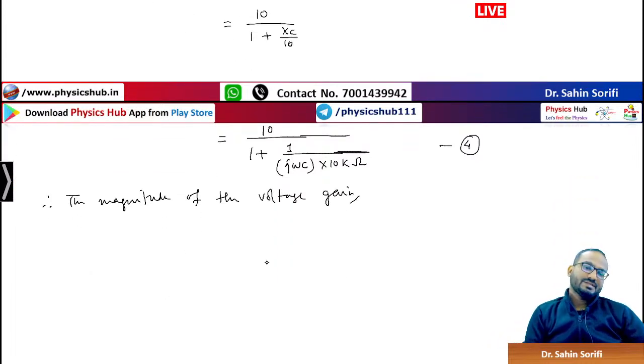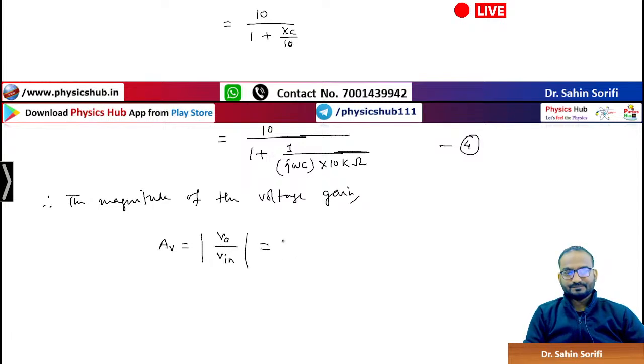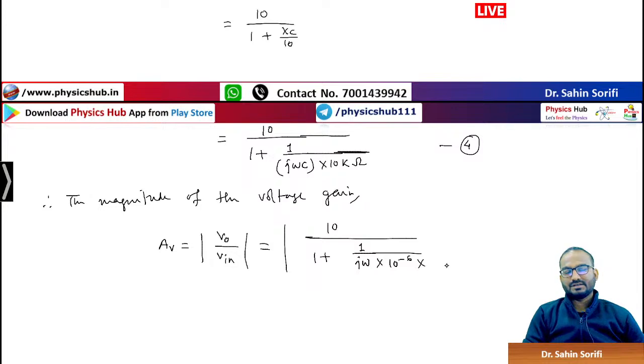Look, the problem is simple. Actually they have made some additional circuitry in the problem to make it look complicated, but it is actually very simple. C is 1 microfarad, 10 to the power minus 6, 10 kilo ohm, 10 kilo ohm is 10 to the power 4.